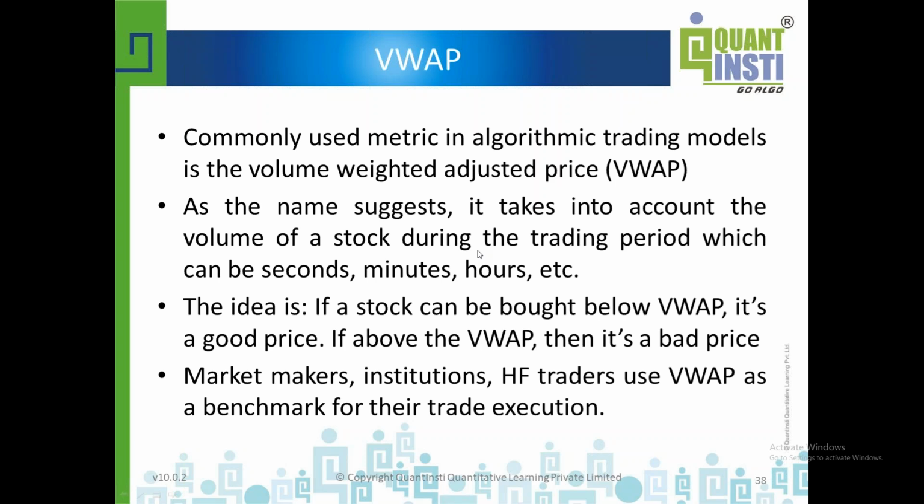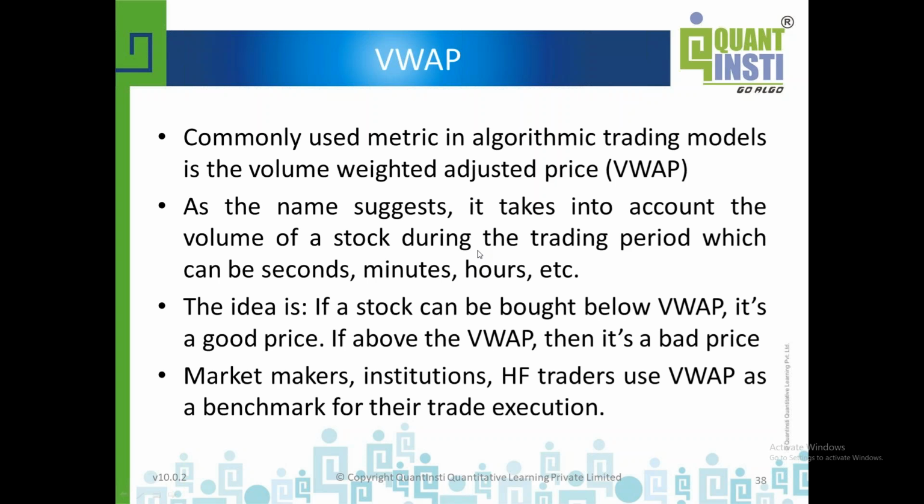There's a question: if the current price is higher than the VWAP, will we continue selling? Obviously, there's a certain amount of shares that you want to sell. That's the objective. Say you want to sell 20,000 shares, then you will try to sell till you've exhausted your limit.